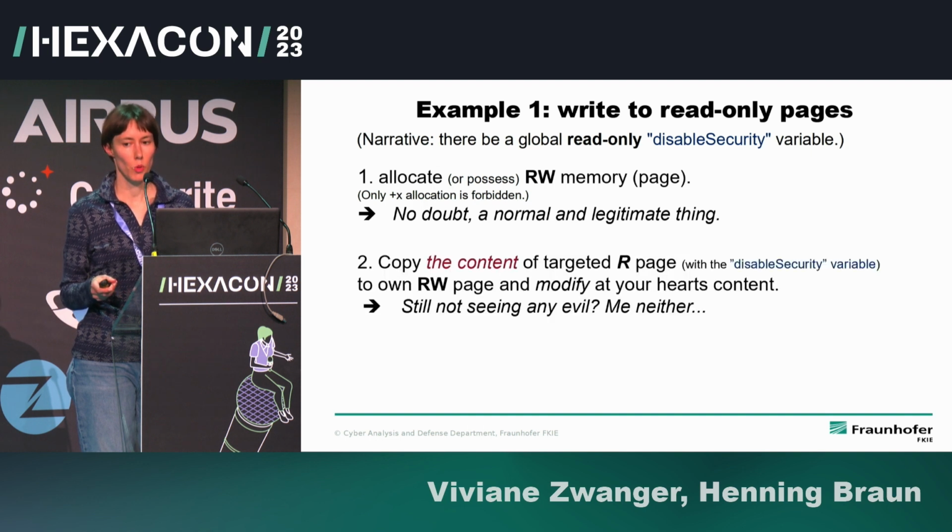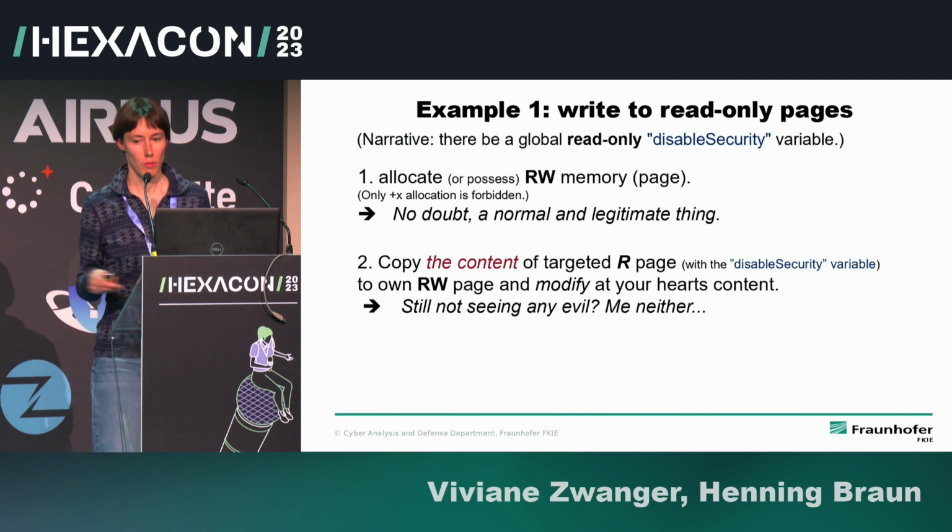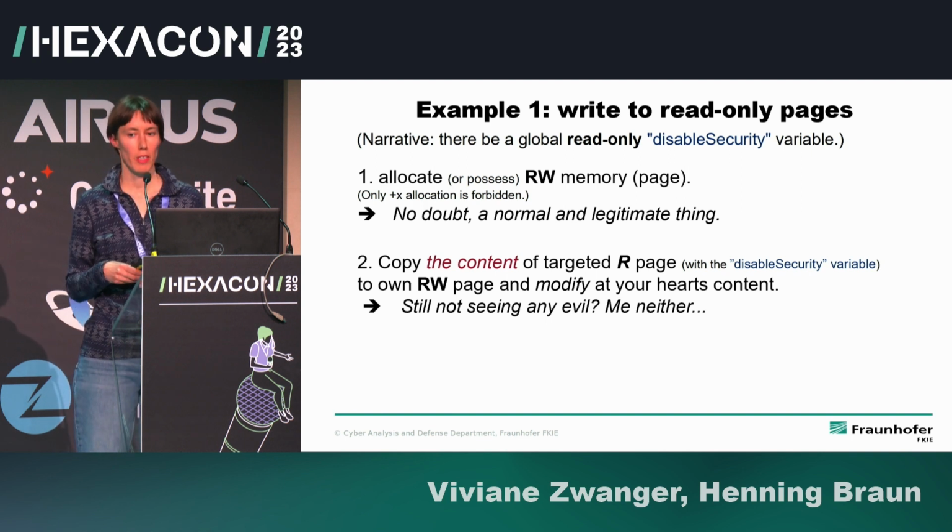Next thing is you copy the content of the read-only page to your read-write page and edit it to your heart's content. That means you change the disable security variable to true. Of course, it's just a working copy, so there's no worrying about that.